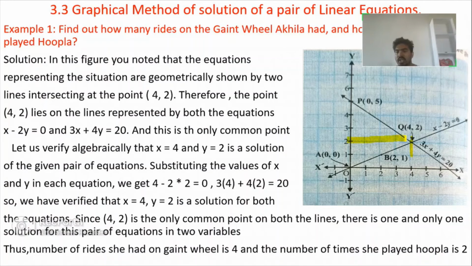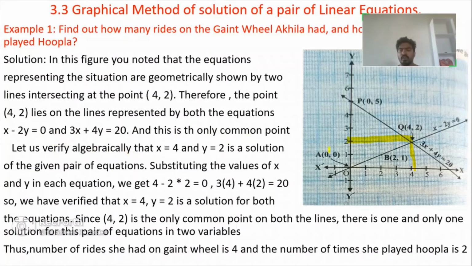So we can clearly say that (4, 2) belongs to both line equations, not to a single line equation. Therefore, the point (4, 2) lies on the lines representing both equations, x minus 2y is equal to 0 and 3x plus 4y is equal to 20. And this is the only common point.